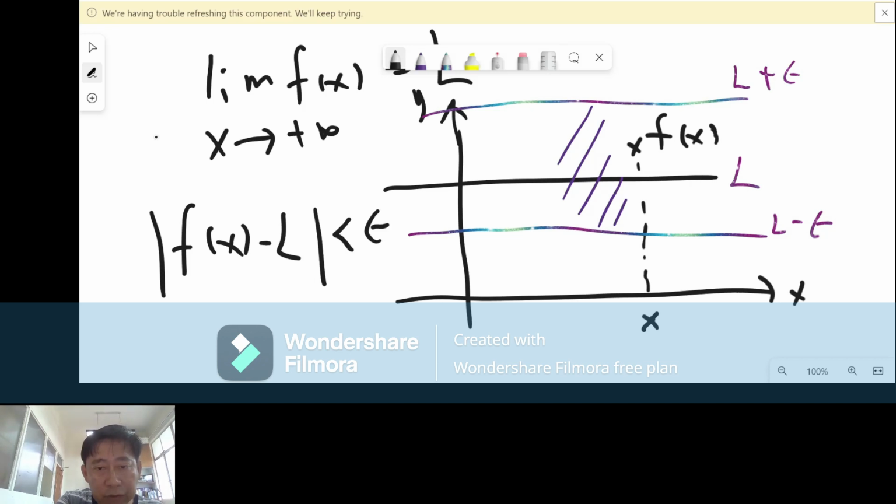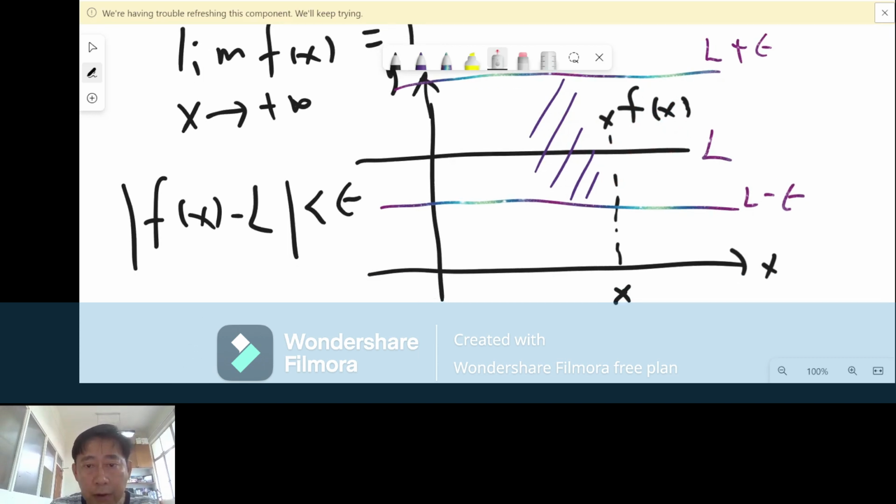is always sandwiched within this region for an open interval of a different kind, where in this case we have to show that there exists an open interval in the x space where any x that lies within this open interval can always guarantee these statements to be true.